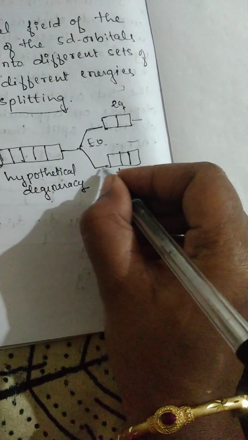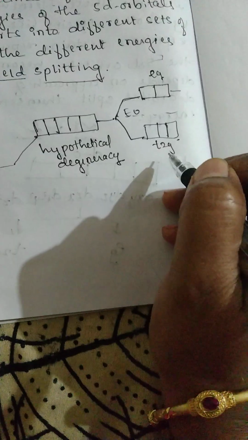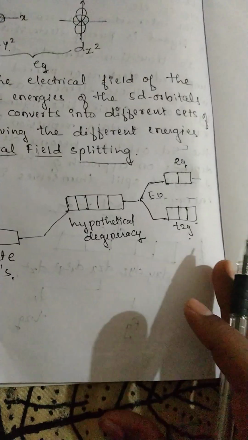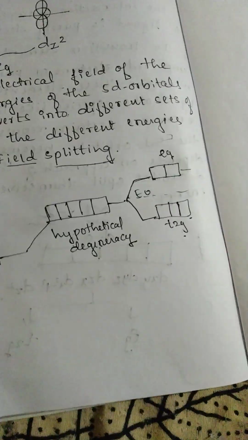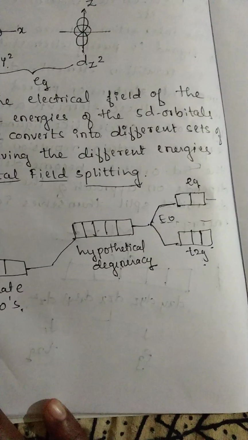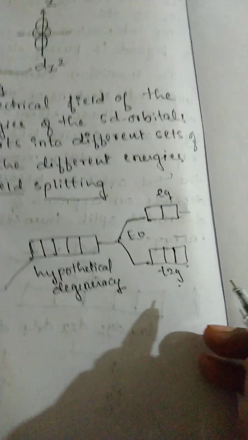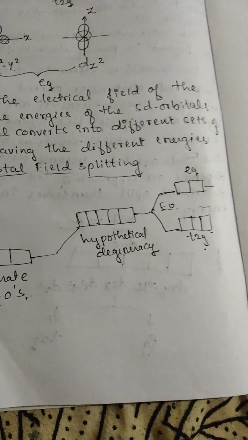We know that the T2g set means the lobes are in between the axes, and in the Eg set the lobes are along the axes. It depends on the arrangement of ligands in the geometry. In an octahedral complex, the ligands approach along the axes, so the Eg orbitals have higher energy. In a tetrahedral complex it is just the reverse.